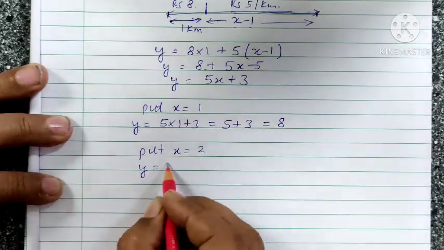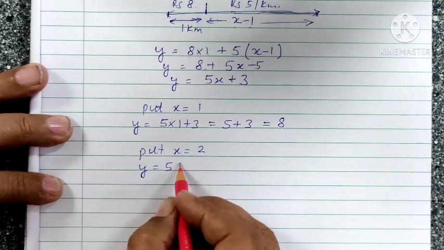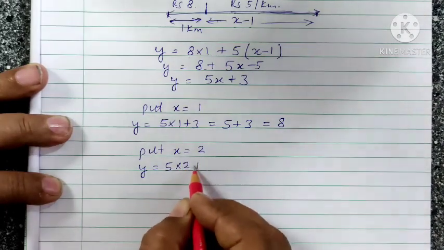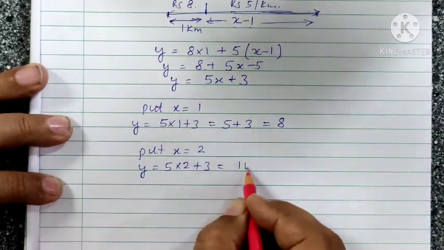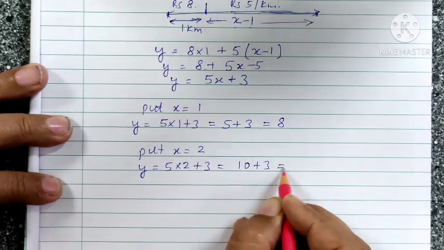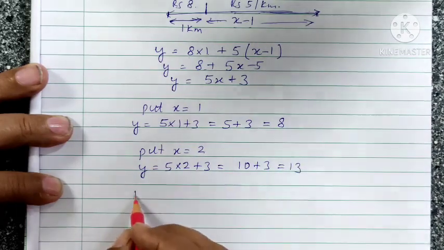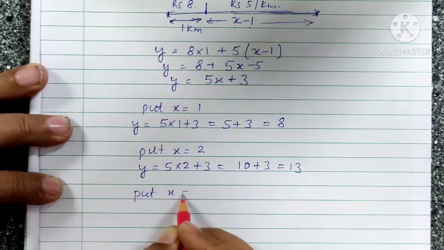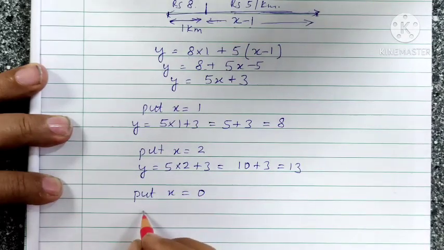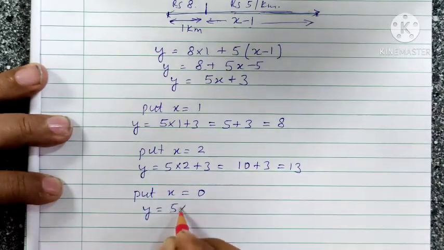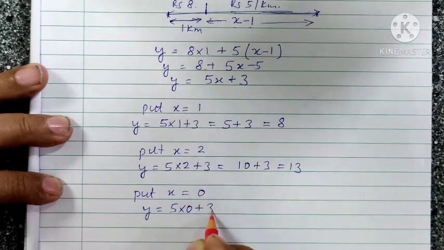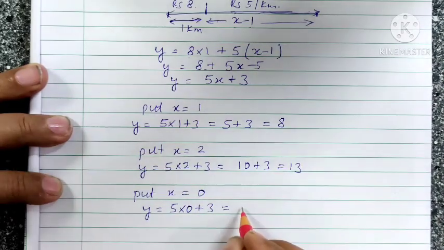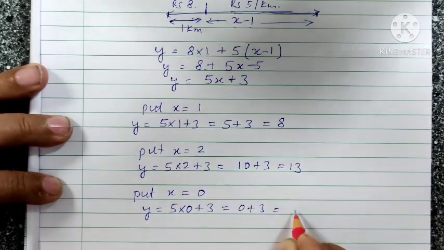So y will be equals to 5 into 2 plus 3, that is 10 plus 3 equals to 13. Now we can put x equals to 0 also. So put x equals to 0. So y is equals to 5 into 0 plus 3, that is 0 plus 3, and that is equals to 3 rupees.